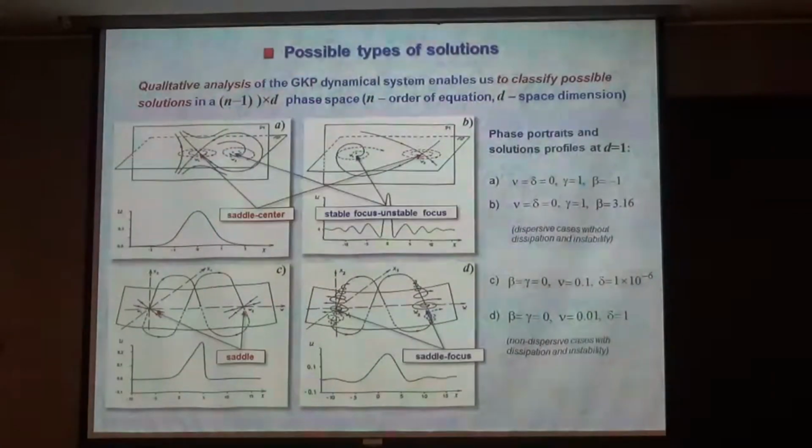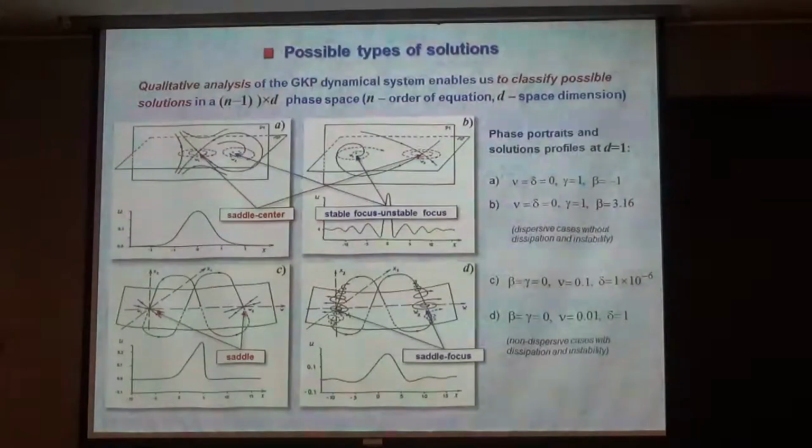In the first case, there are single points of integral curves of the types saddle, center, stable focus and unstable focus. That corresponds to the soliton solutions with monotonous and oscillating asymptotics respectively.